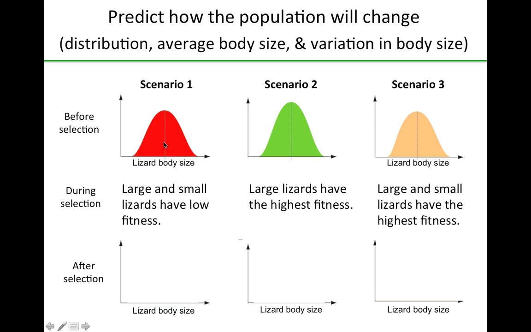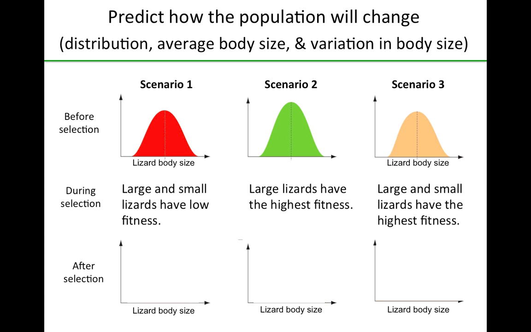So in all these graphs, this dotted line is showing you the average body size before selection occurs. So think about, does that change based on the scenario I've described? Does it stay the same? And then also think about how variation would change based on each scenario. Okay, so again, pause this, think about each one, and then when you're ready to hear me talk about the answers to these, you can hit play again.